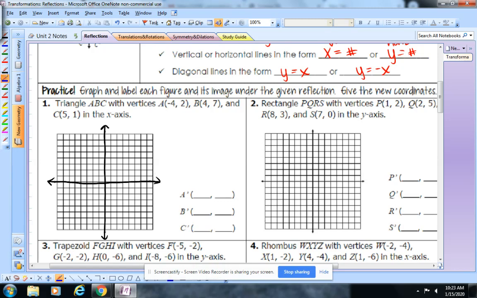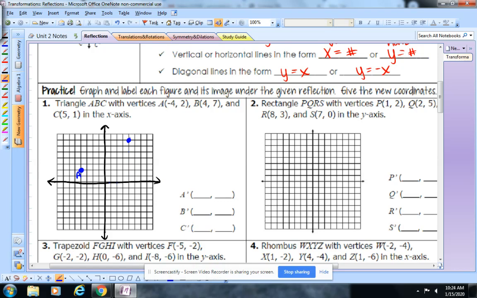So A is the point negative 4, 2, so left 4, up 2. Label it. Okay? And then positive 4, 7. And these go from negative 8 to positive 8 in all directions.